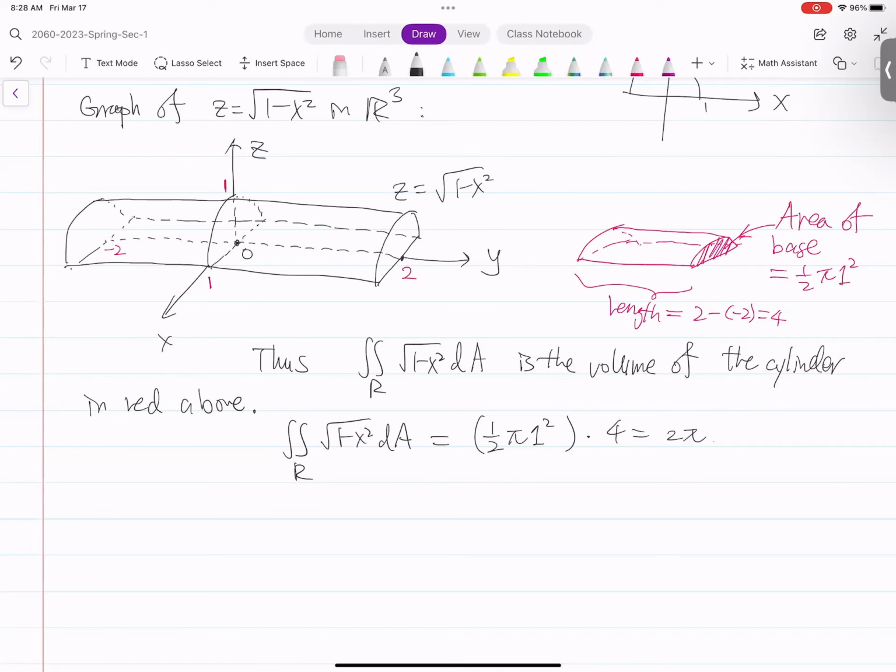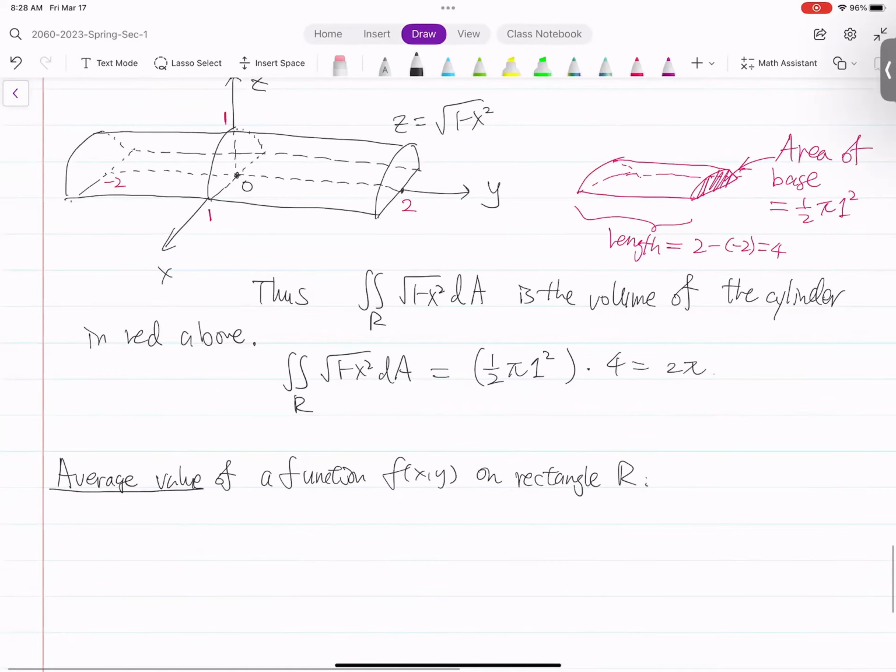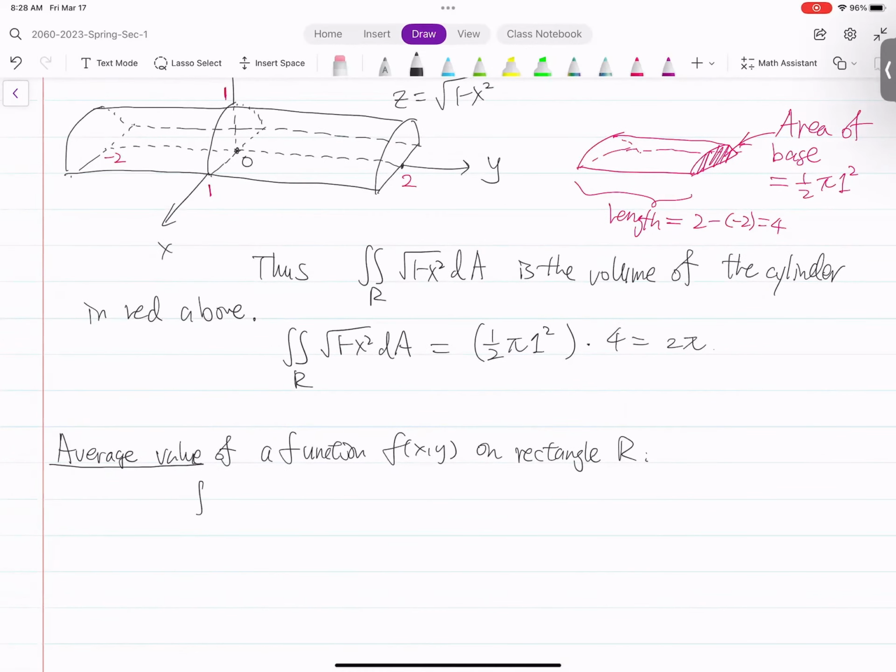Now let's introduce another concept, which is called the average value of a function f of x, y over a rectangle R, given by the following equation.